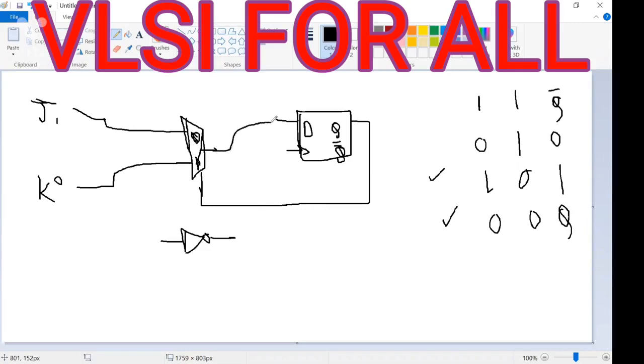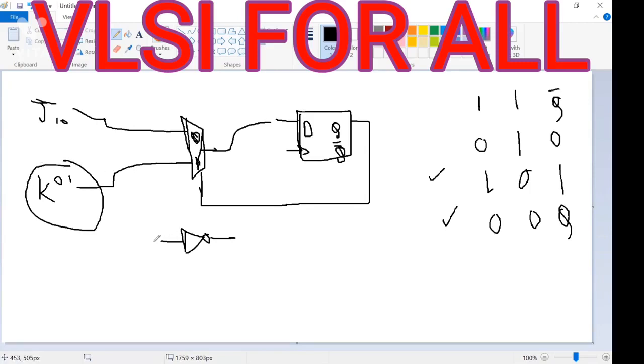But if my input is 0 1, and my present state is whatever, let's say 0 or 1. If my present state is 0, then I'm getting 0. But if my present state is 1, then I'm getting 1. That is again a wrong thing. So I have to do something with this K.